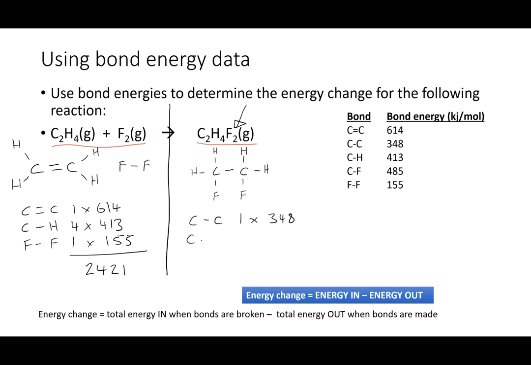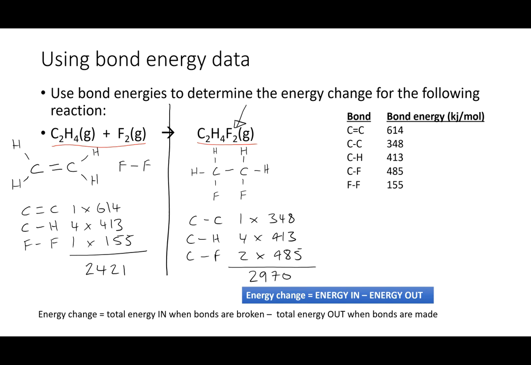We've got 4 carbon to hydrogen bonds, so 4 times 413. And then finally, we've got 2 C-F bonds, so 2 times 485. We total all those numbers up, and that gets a value of 2,970.